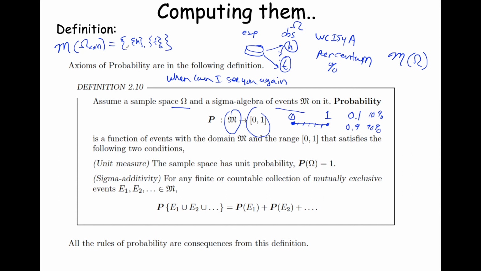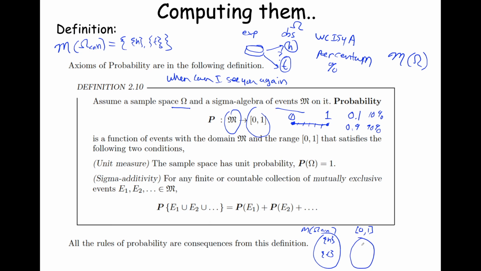Now, we're going to input the sigma algebra, and it says, okay, my sigma algebra, M, in this case, over my omega coin, is going to have a heads element and a tails element, and I'm going to associate it with the interval from 0 to 1 on the real number line.